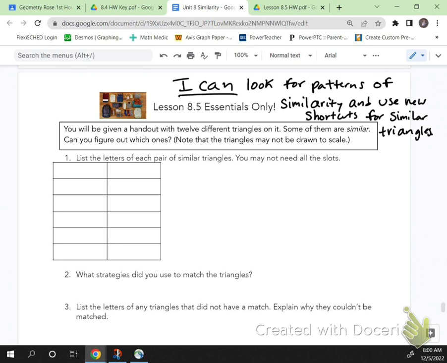Okay? So today we're going to focus just on similar triangles and we're looking for shortcuts.